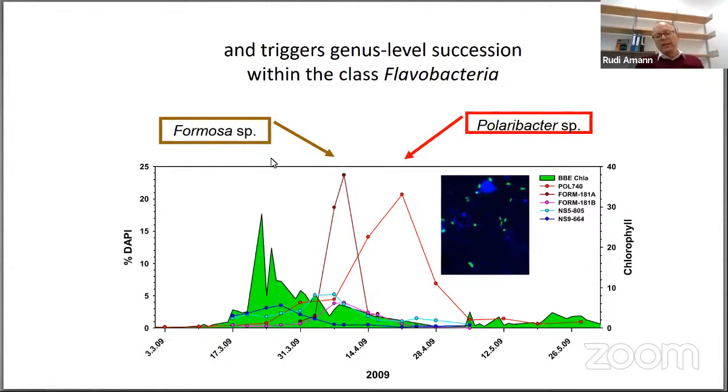They are in genera referred to as, for example, Formosa or Polaribacter. Those particular genera become dominant up to 20, sometimes 30% of all cells. And these particular genera collapse again. So they grow into a certain density and then mortality kicks in. This might be phage-based or grazing-based mortality.